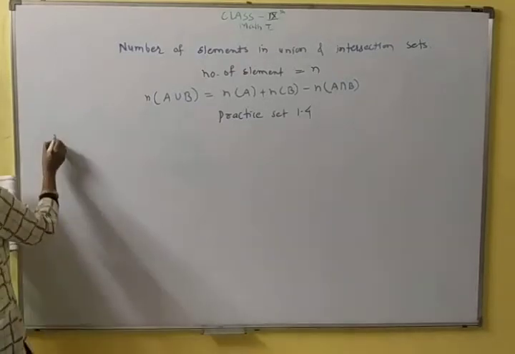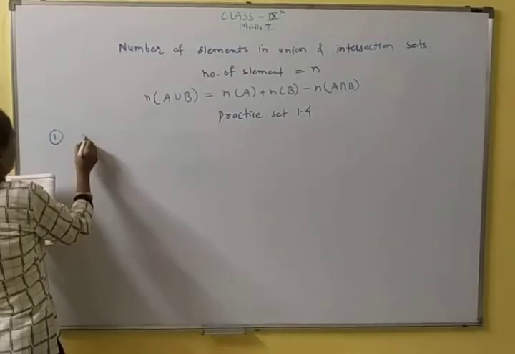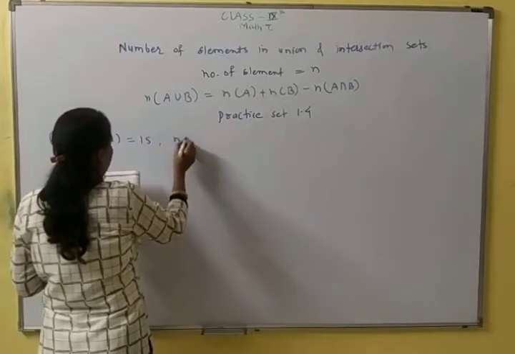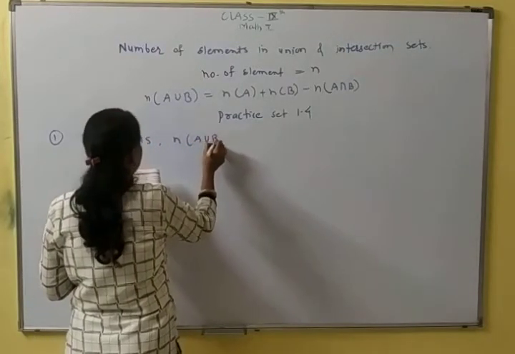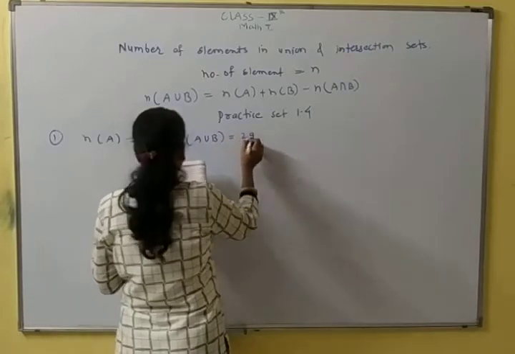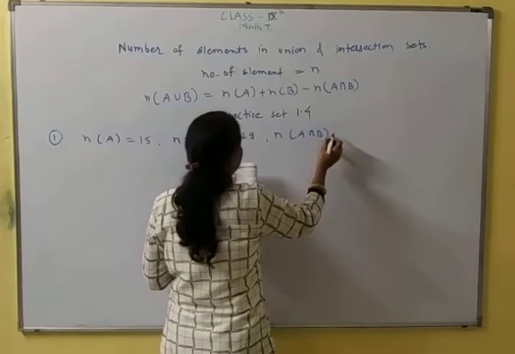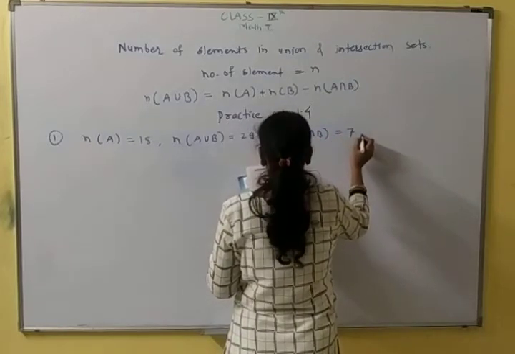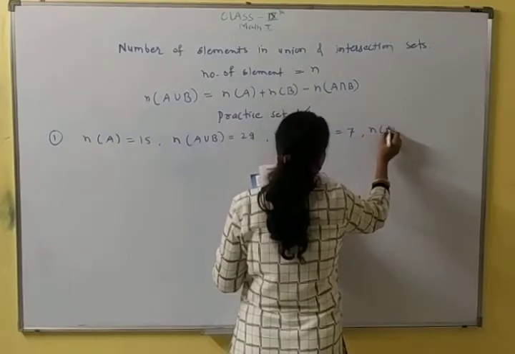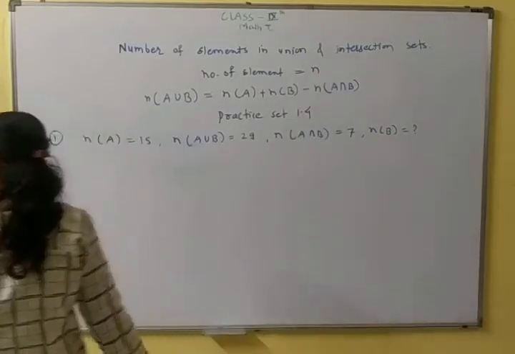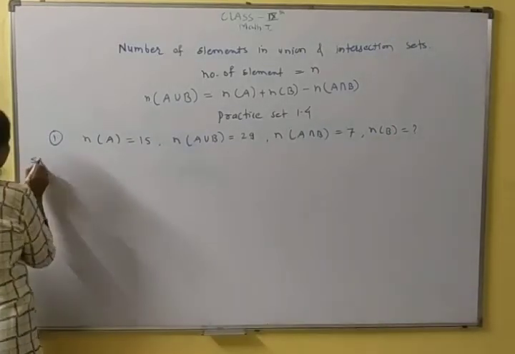First problem: if n of A equal to 15, n of A union B equal to 29, n of A intersection B equal to 7, and n of B equal to question mark. Solution.